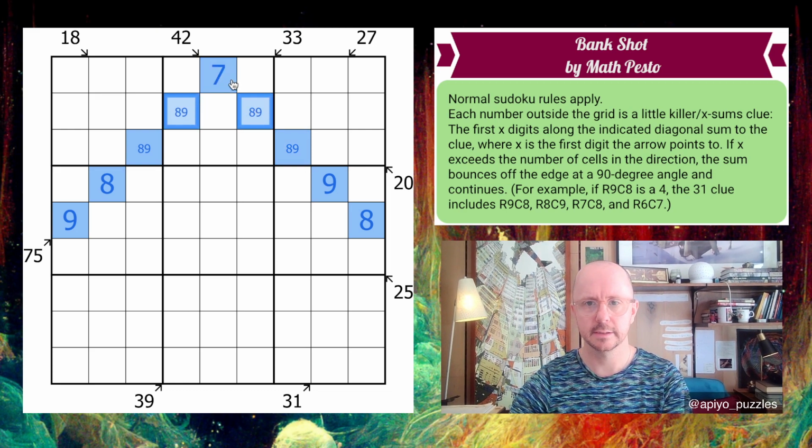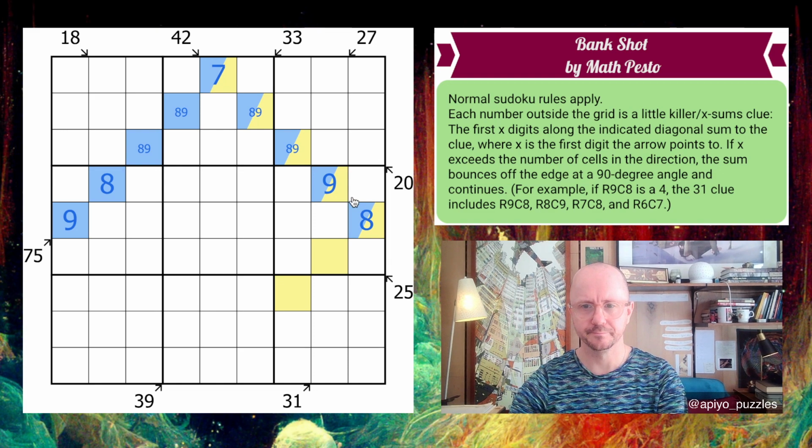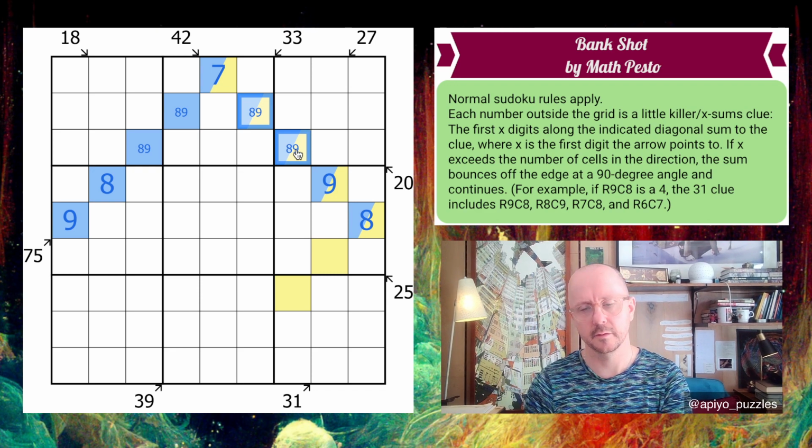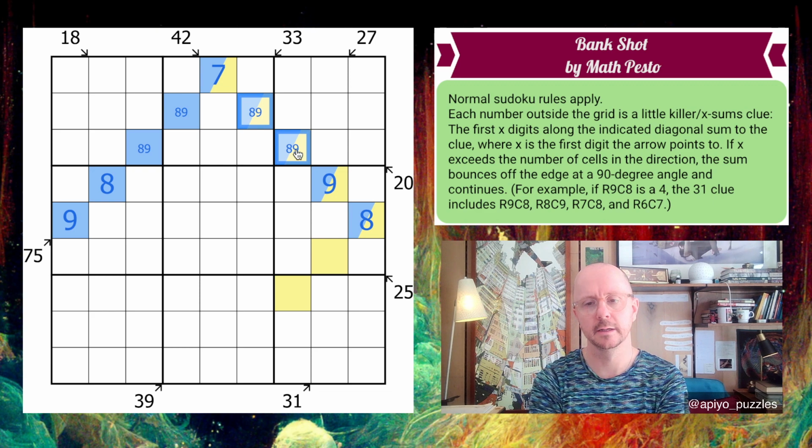Now 7 cells means that these 2 are in, let's call this another color. So we've got 24. We've got minimum 2 8s there for 16, makes 40.